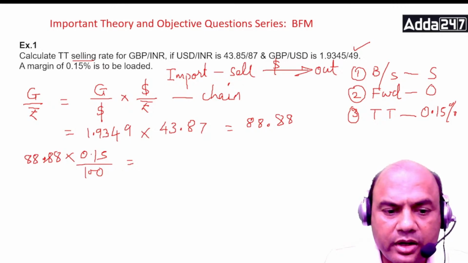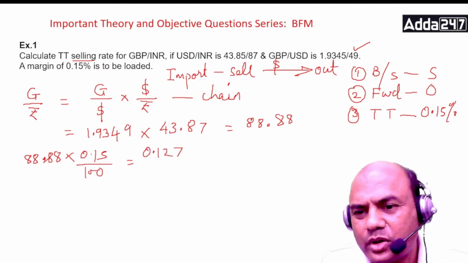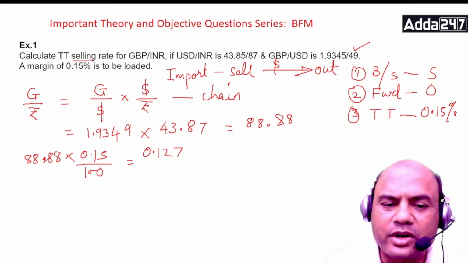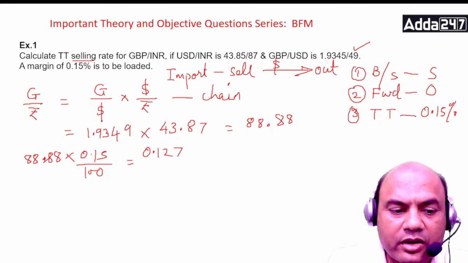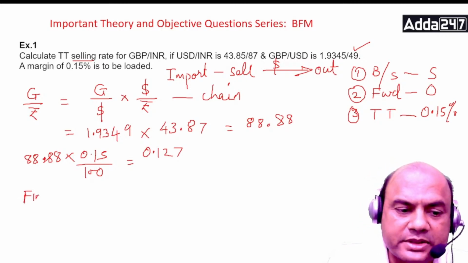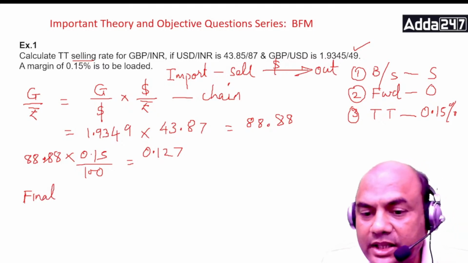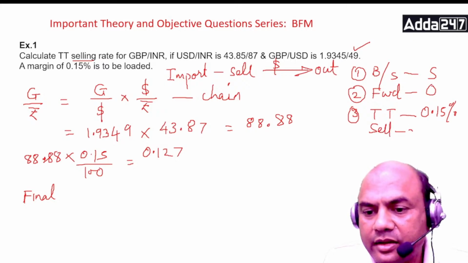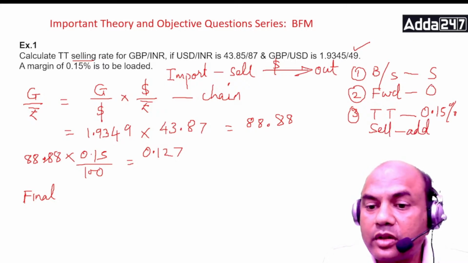0.127 and something more is there, so take up to 2 digits only. That's okay, 0.12. So what is the final rate now? Now look at this TT margin. Kindly understand one important basic. Whenever you are using the selling, for selling you'll always add. For buying, you'll always subtract.